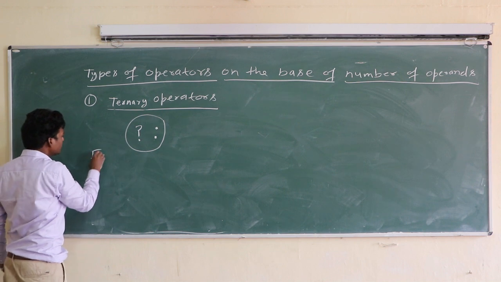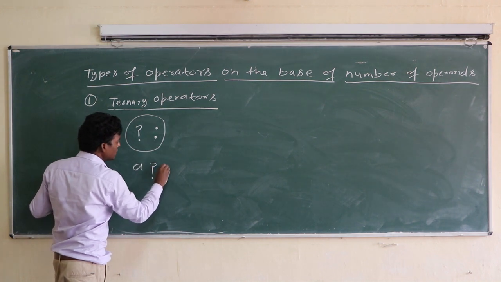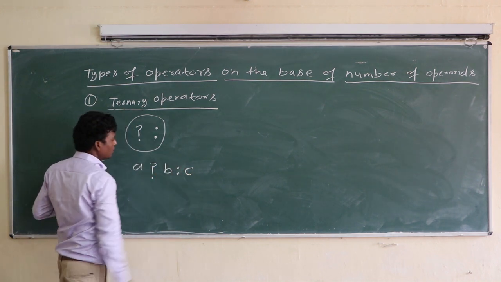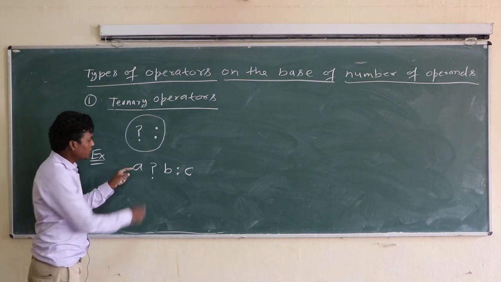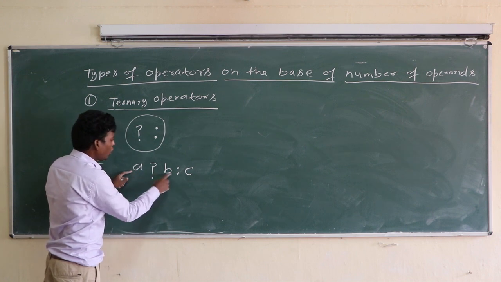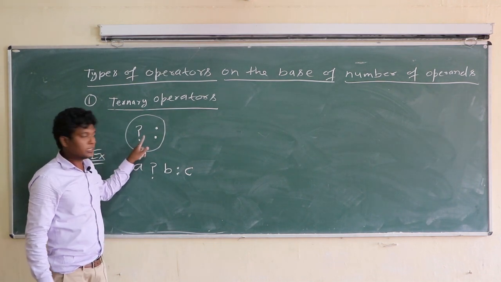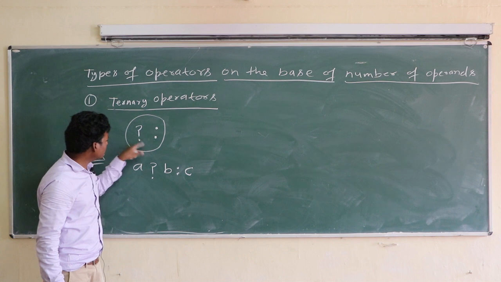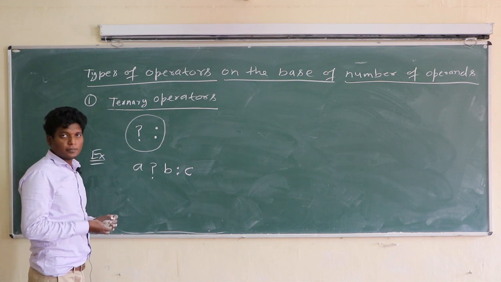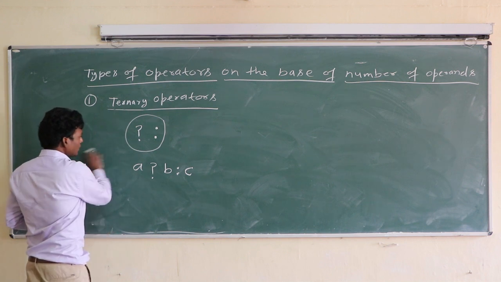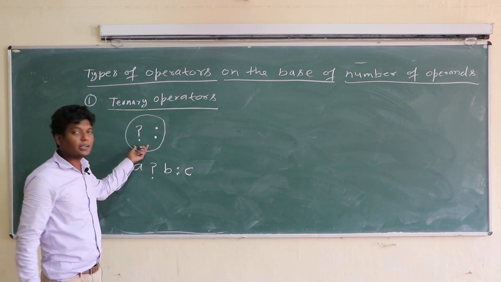Example, a, this, this operator works with three operands. A, B, C are the three operands, and this is a single ternary operator. We will see some more examples and problems on the ternary operator later on.